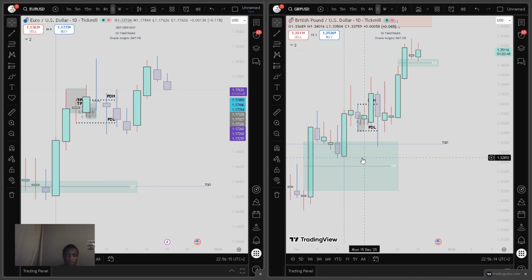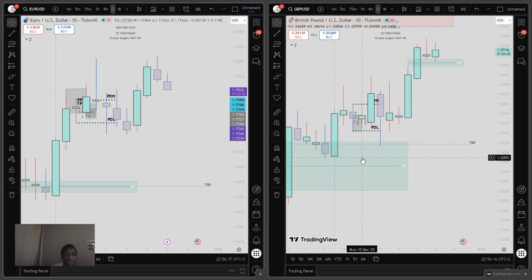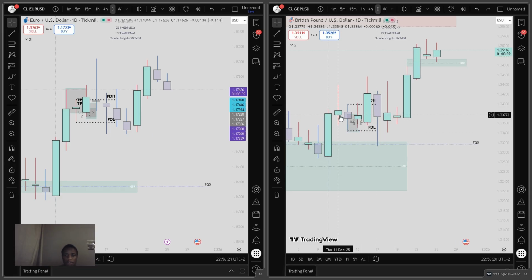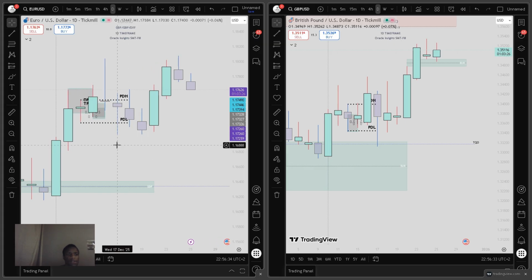Let me start with the bearish context. This candle here body closed below the previous day's candle, showing that price could potentially body close below this candle, right? Which it kind of did. But then let's go over to the euro side and see what's going on.